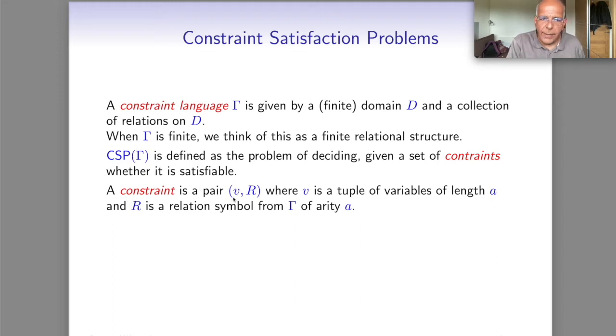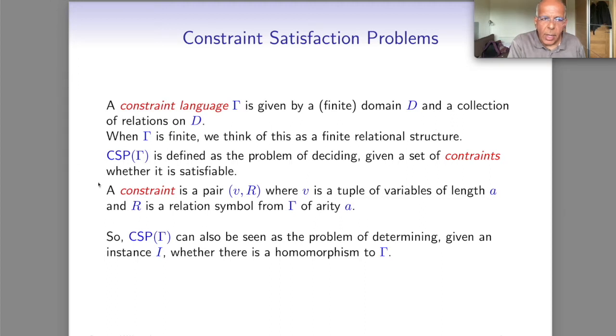A constraint is a pair (v, R), where v is a tuple of variables whose length is, let's say, a, and R is some relation from Γ of arity a. So we can think of a collection of these constraints as simply another relational structure in the same vocabulary, now one whose universe is all the variables that appear in the constraints. And the relation R is interpreted as all those tuples for which a constraint of this form is present in our problem.